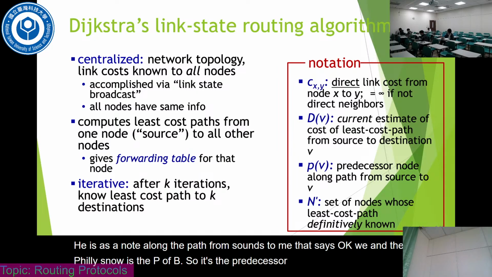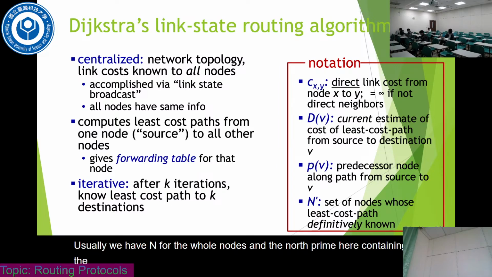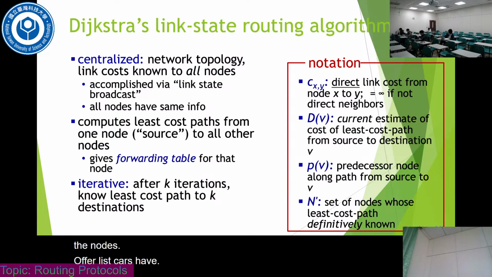And N prime. Previously we had N for all the nodes, and N prime here contains the nodes whose least cost path is definitely known. That says, okay, I know the least cost path for the current nodes.